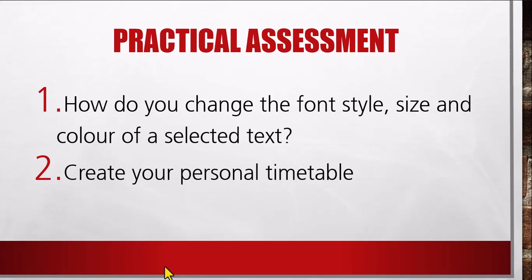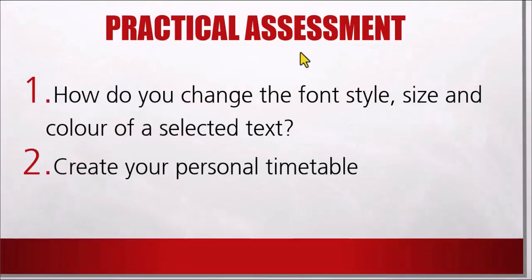All that you need to do is use the guideline that I used earlier to create your personal timetable. Bolding some, use the italics, change the font styles, and many more.